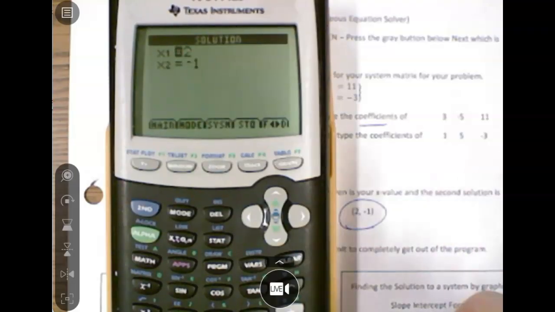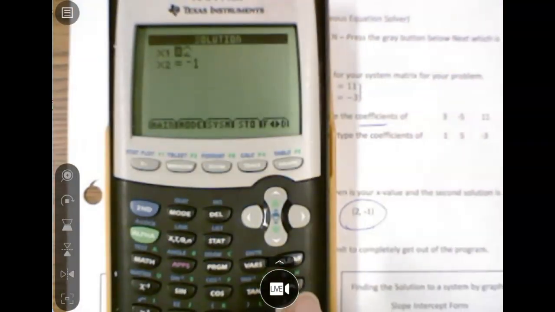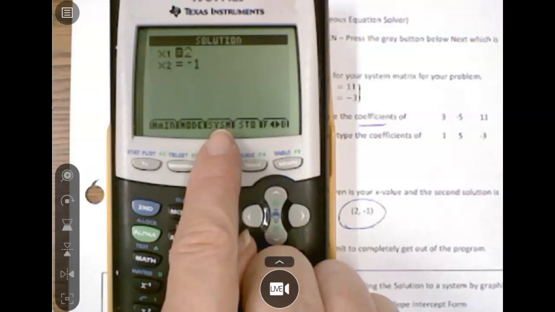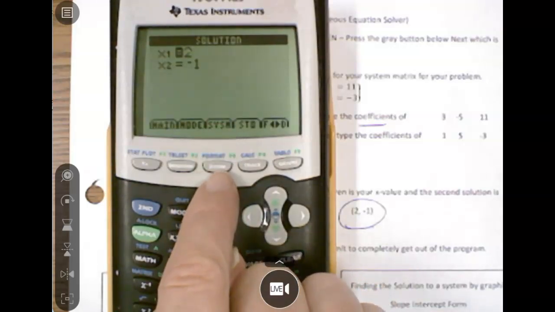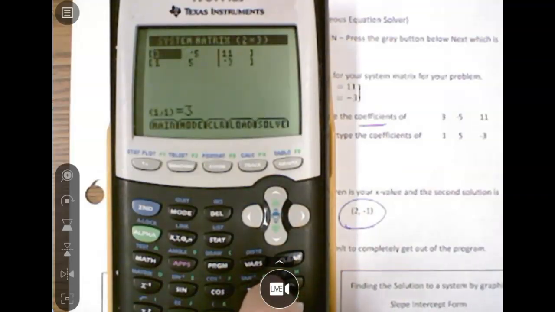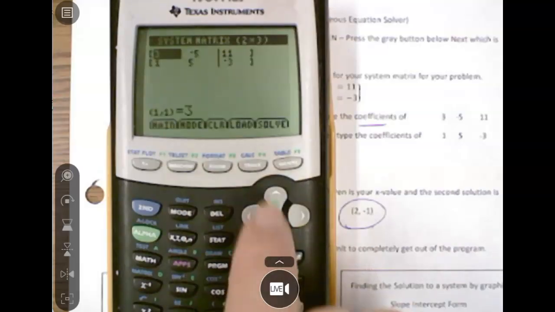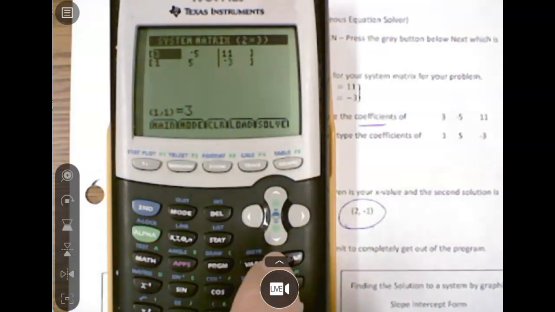Now, once you're done with the first problem, if you want to go back to the program, System is what you were solving. So you would press the button below System, which is Zoom. You're back to your system, the big one, but we don't want that one anymore. We want to get rid of this system for our next problem.